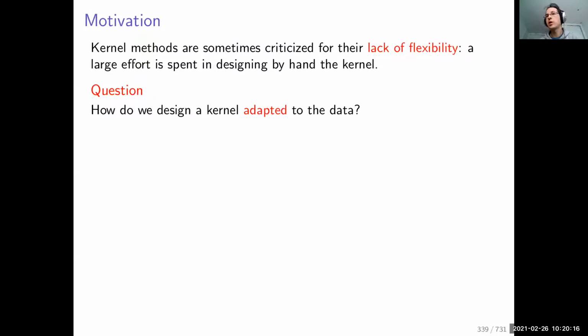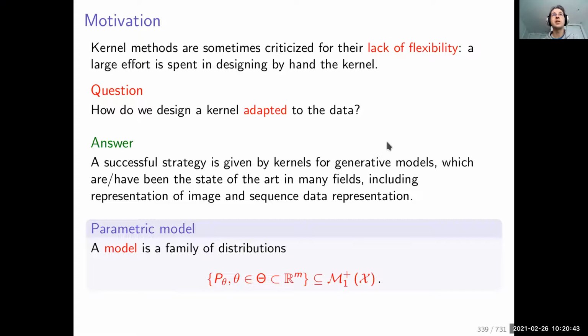There are a few kernels that work relatively well for generic data, such as the Gaussian kernel, but we know that there are plenty of other types of data for which it's not necessarily easy. But in the literature, you find lots of probabilistic models that are encoding a priori knowledge about the data. And this question, how do we design a kernel adapted to the data, can be answered by kernel methods.